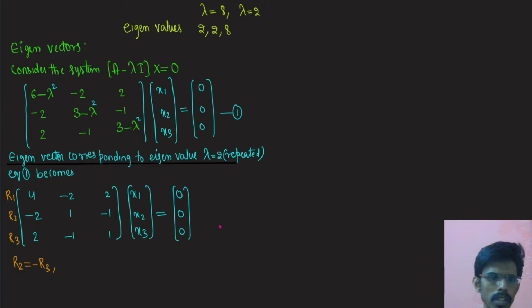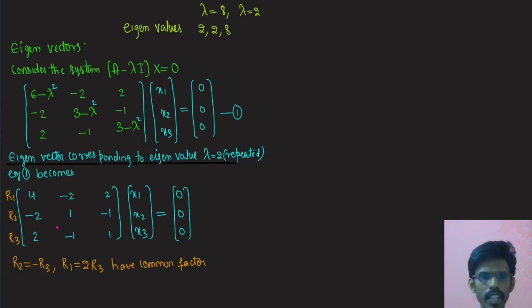Similarly, I can see that R1 is twice of R3. Right? So all these rows have a common factor.